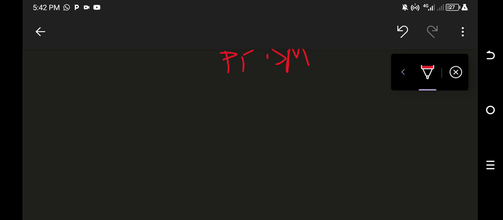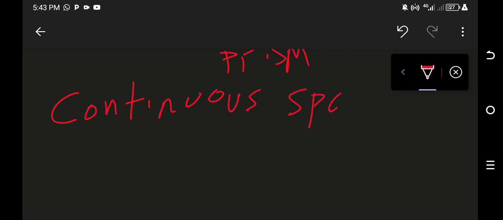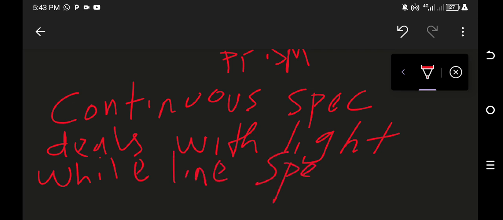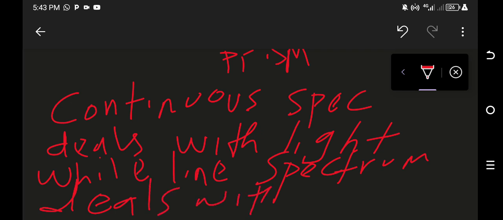Continuous spectrum deals with light, while line spectrum deals with heated gases.